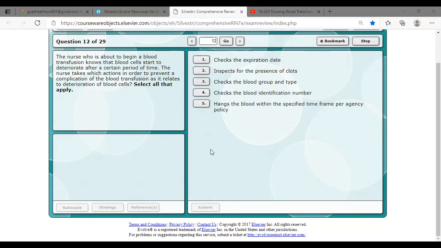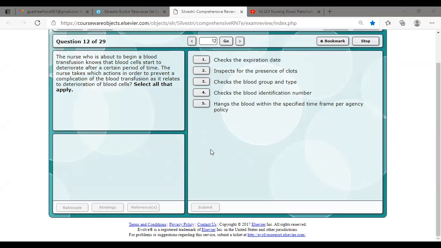There are 5 options, my friend. If you do not know how to read the examiner's mind, you will answer this question wrongly. Most of all, know that before a blood transfusion, we have to check something.